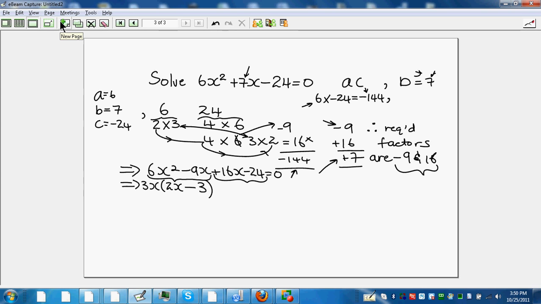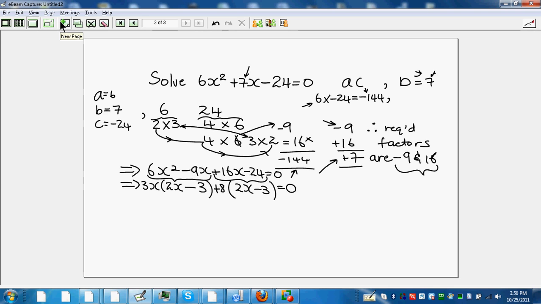On this side here, we must also end up with 2x minus 3 in brackets. So we'll place it there, and then we'll take out the appropriate factor, and the appropriate factor in this case will be positive 8. And that was equal to 0.